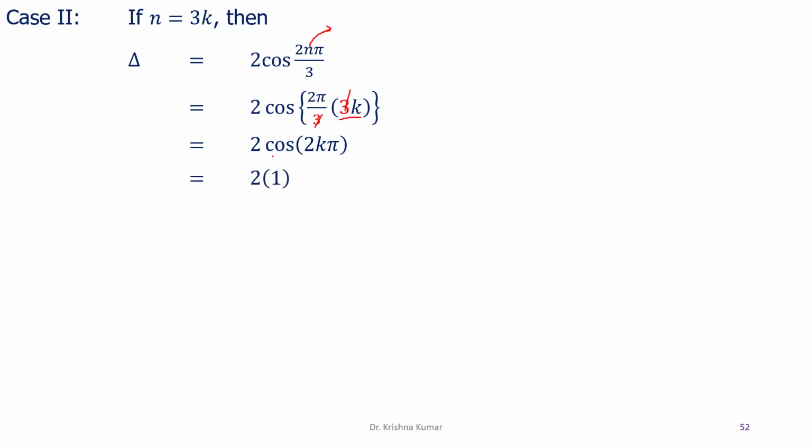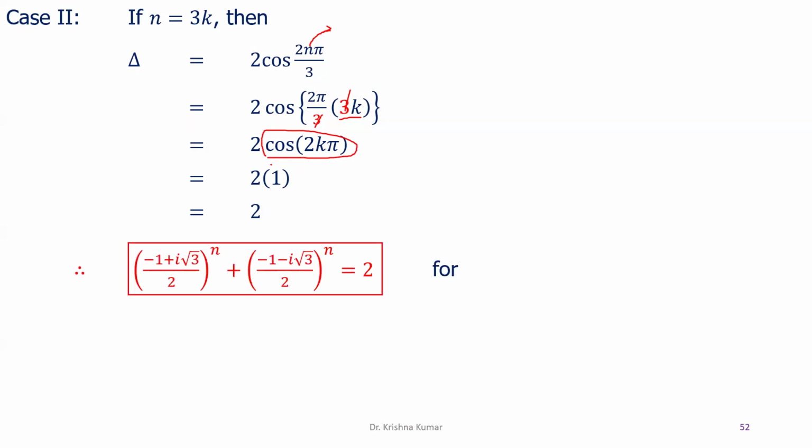But we know that cos of 2kπ is always 1, because if you put k = 0, it is 0; if you put k = 1, 2π, 4π, 6π, 8π. For all these angles, the value of cosine is 1. So we get z equal to 2. Therefore, the value of ((-1 + i√3)/2)^n + ((-1 - i√3)/2)^n is equal to 2 for n = 3k.